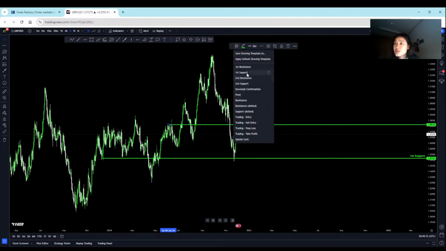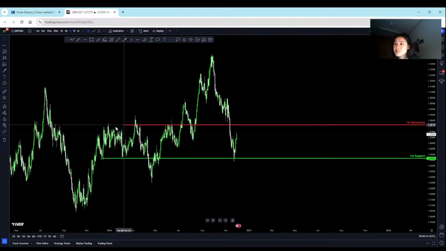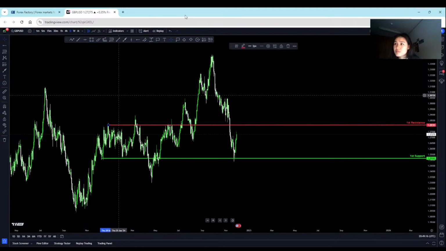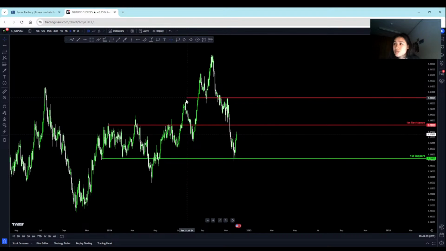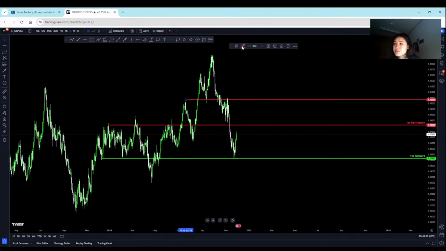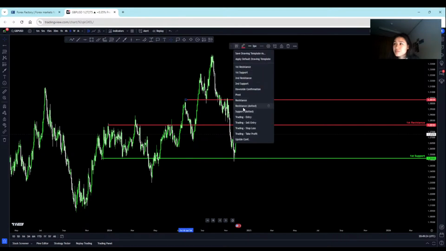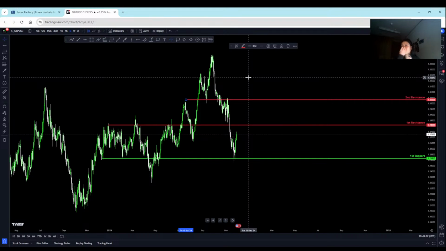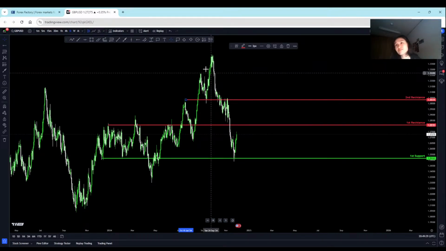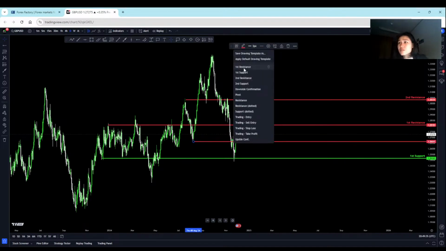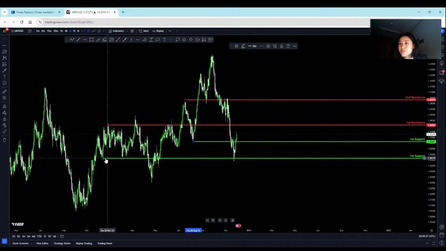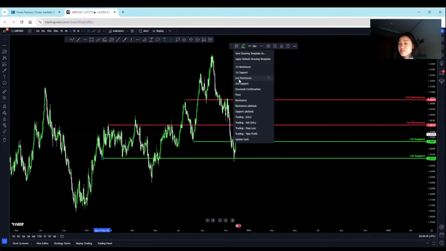The first resistance up here, and my second resistance maybe here. I'd actually place my first support here instead. And then my second support.